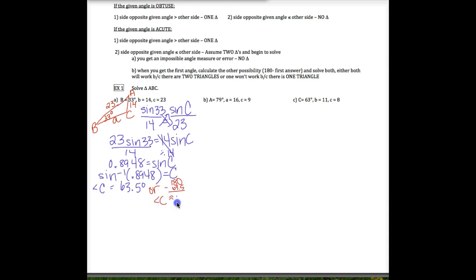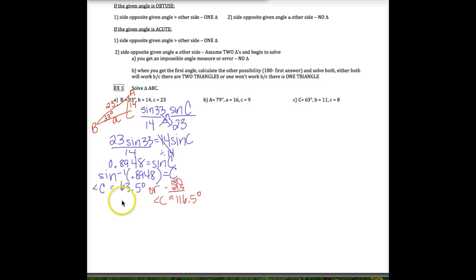So angle C could also be 116.5 degrees. Now, you always have to check to make sure it's going to make sense. 116.5 plus 33 still leaves enough room for a third angle. So far, that seems to be working. So I need to continue with both of the triangles.